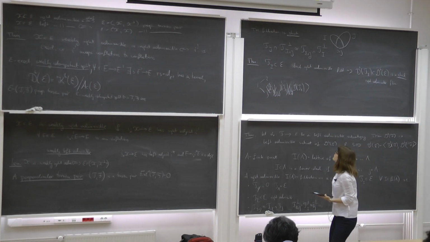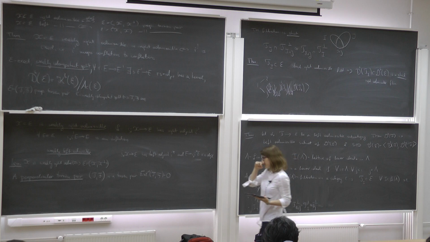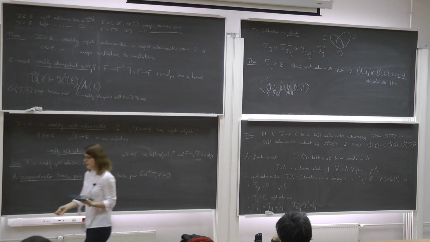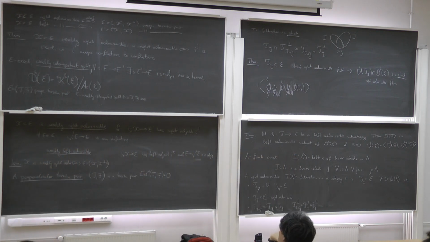So this is the story, and now if you want to study exact categories, we thought that we can start from the simplest class. And what would be the simplest class? It would be built from the easiest blocks.